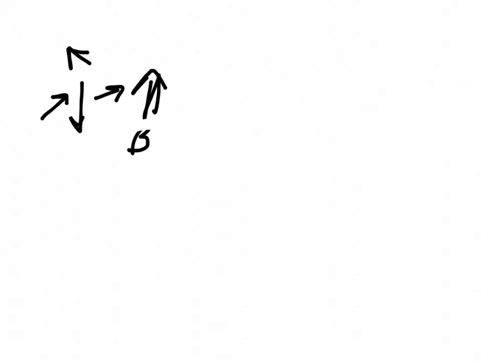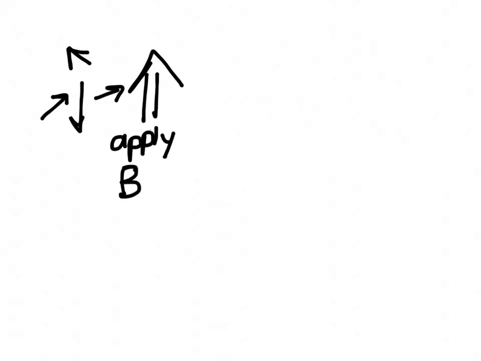So now let's do our steps of doing NMR spectroscopy. We have our sample with randomly aligned spins. We apply B0. This will cause some spin states to be in the alpha position and some to be in the beta position.